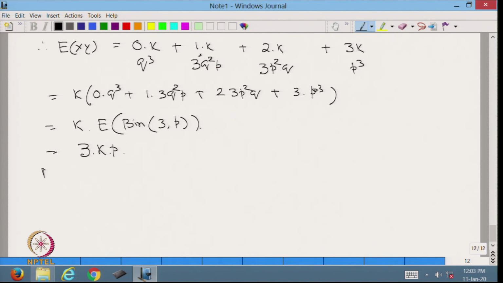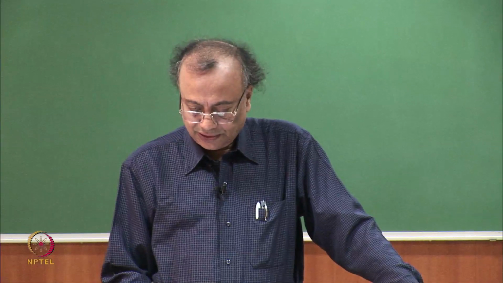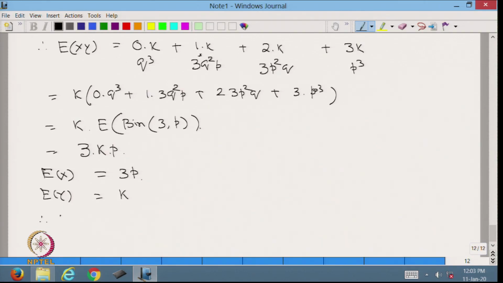Now, expected value of x as we know is equal to 3 p. Expected value of y, because it takes k the same value in all the cases, is k. Therefore, expected value of x into expected value of y is also 3 k p.